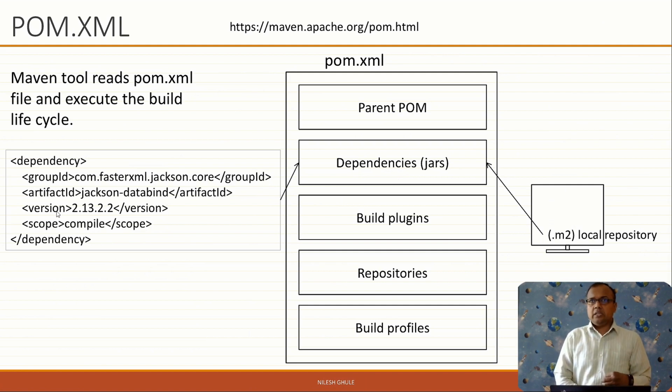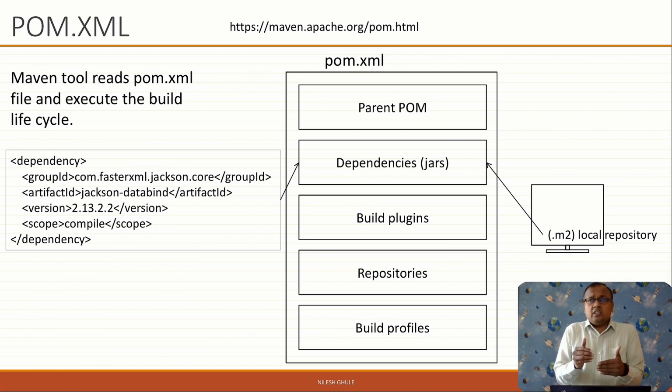The third one is the version of the particular library, and the fourth one is nothing but scope. Now the default scope is compile, meaning these jars have to be downloaded and added in the project class path, and they are required for compilation of the project.